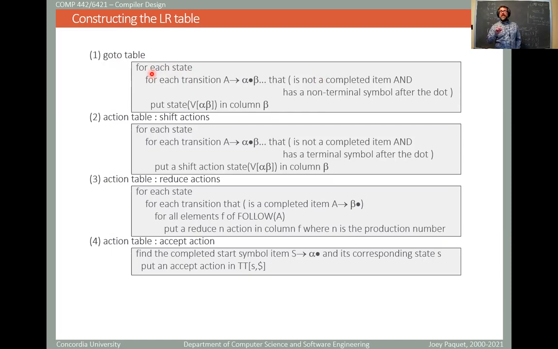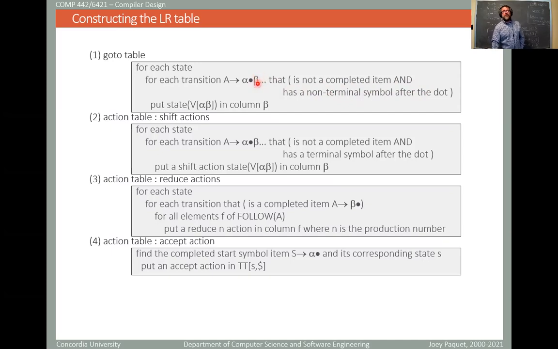You try to find this pattern in the item set of each of your states. For the go-to table entries, in the item set of each state, you try to find items of this kind, where the dot is in the middle, so it's not a finished item. That is not a completed item, and it has a non-terminal symbol after the dot. So it must be a non-terminal.